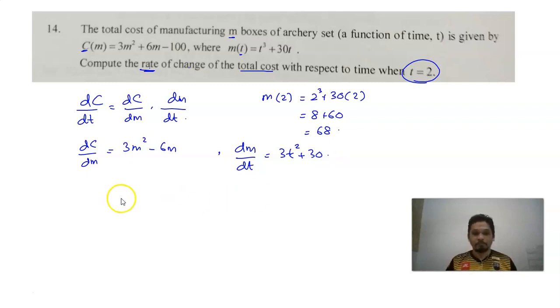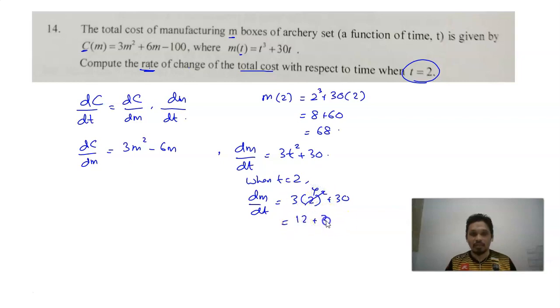Okay, so when t equals 2, dm/dt equals 3 times 2 squared plus 30. 2 squared equals 4, 4 times 3 equals 12, plus 30, which is 42. Okay.